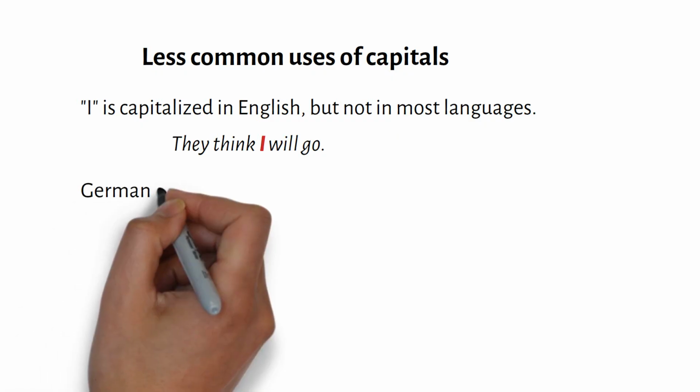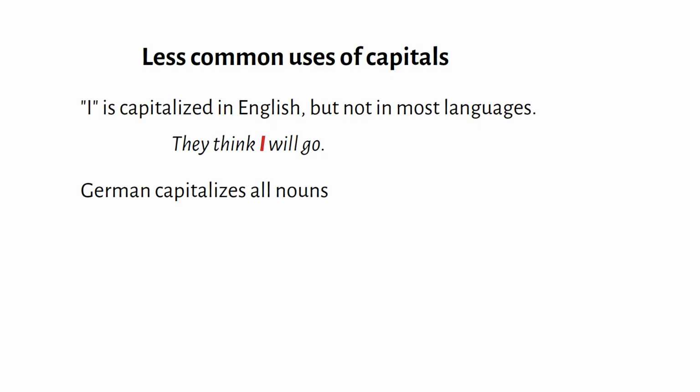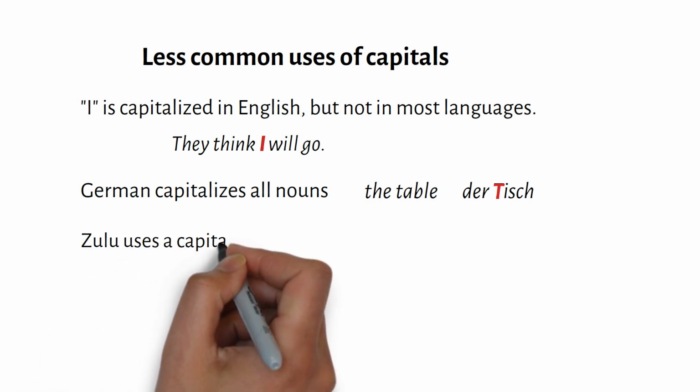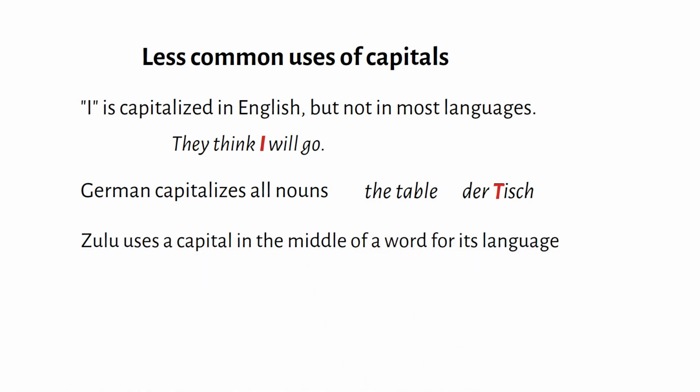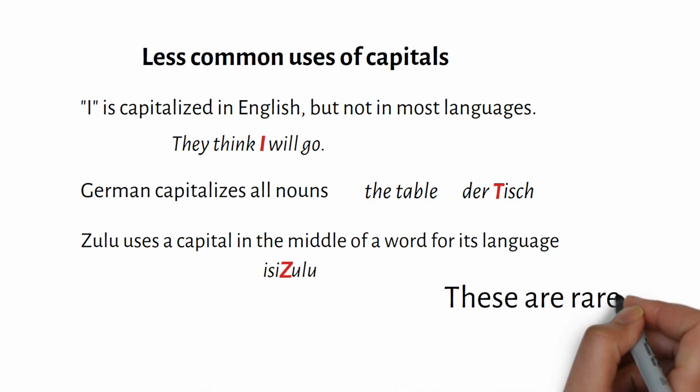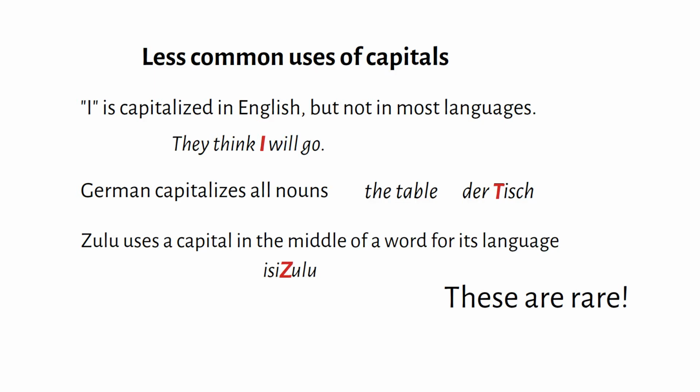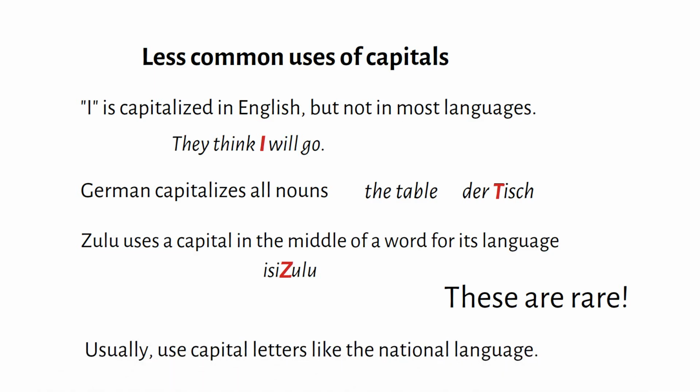For example, German capitalizes all nouns, and Zulu uses a capital letter in the middle of a word for the name of its language. But these are rare, and you probably will not use capitals like this. Usually, you will use capital letters like the national language does, or how another major language uses them.